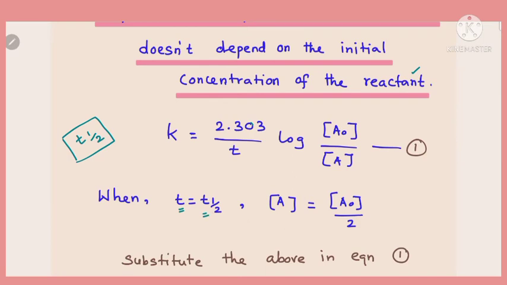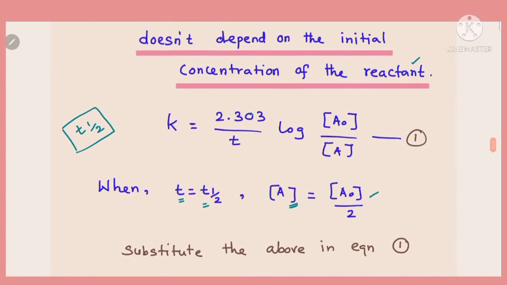When time is the half-life period, the concentration of reactant will be half of the initial concentration, because at half-life time, half of the reactant is converted into product. So the remaining reactant is half of the initial concentration. At t half, a is a naught by 2.